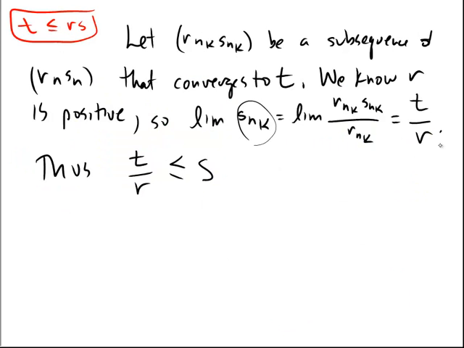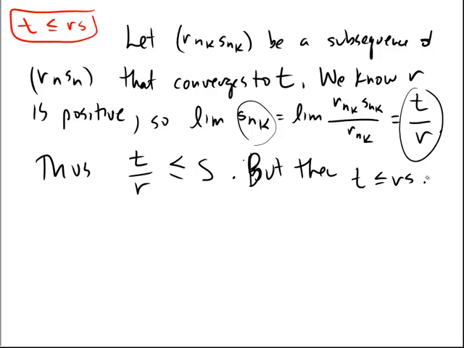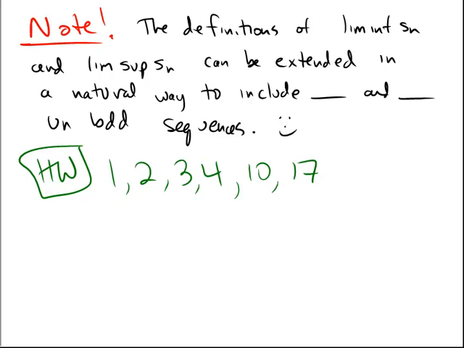So this T over r monster right here is definitely going to be less than or equal to S. But then, what does that mean? Multiply both sides by r, and you get that T is less than or equal to rS, as needed. Alright. So therefore, conclusion overall, looks like T equals rS, and we are done with the proof.